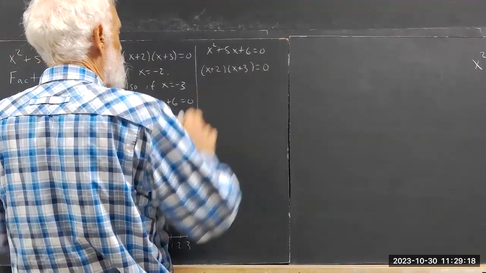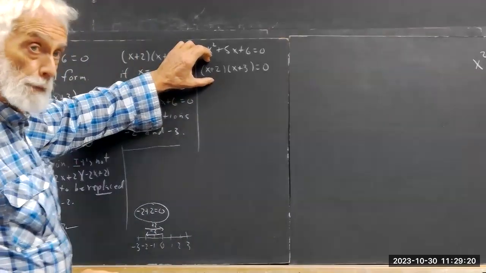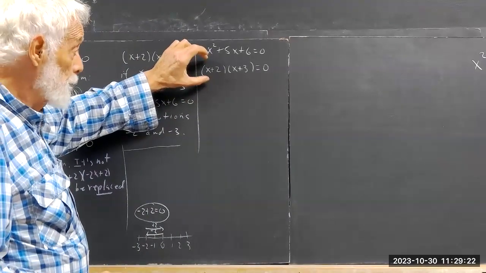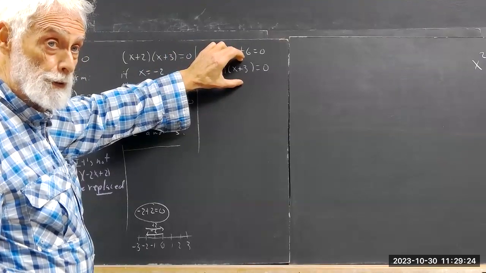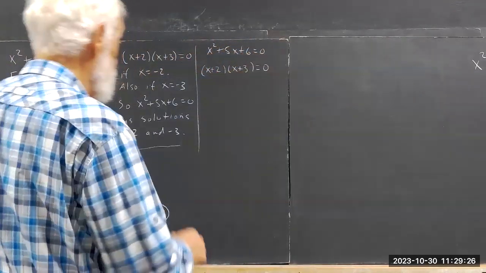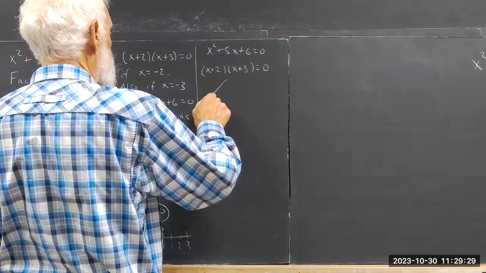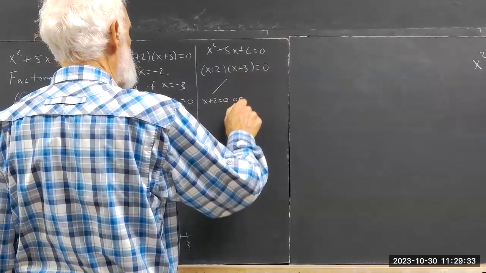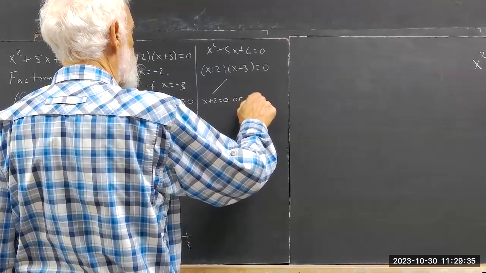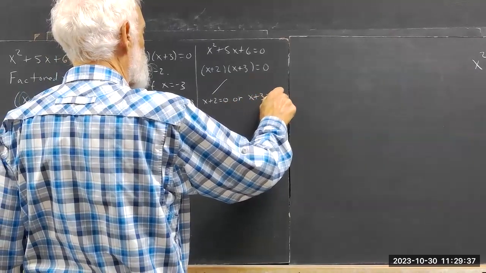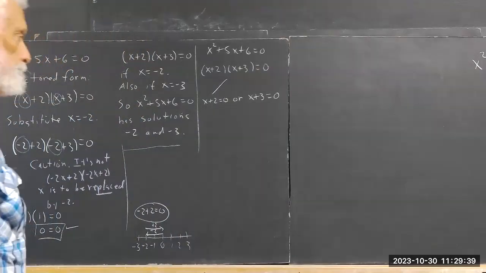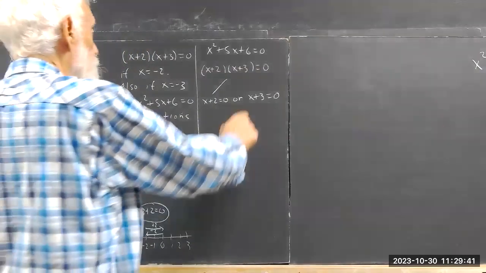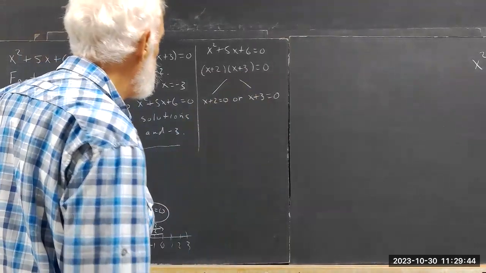This is going to be true if x plus 2 is 0. If x plus 2 is 0, it's going to be 0 times whatever x plus 3 is, and multiplying by 0 gives us 0. So we have x plus 2 equals 0, or x plus 3 equals 0. And we can solve each of these equations.